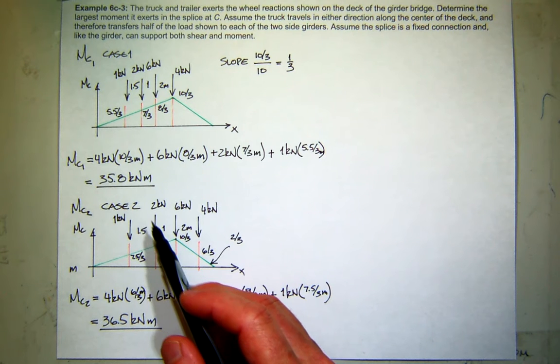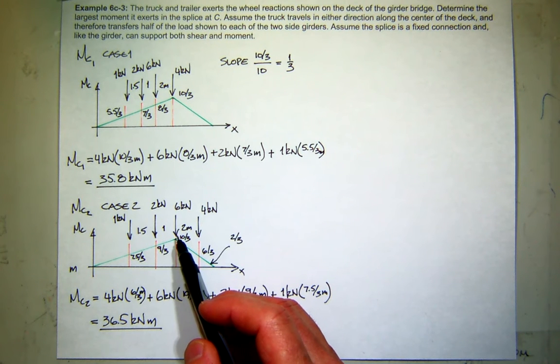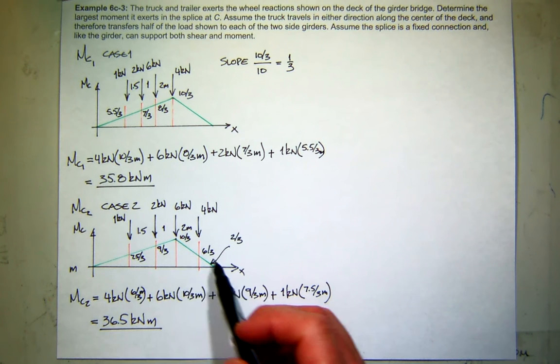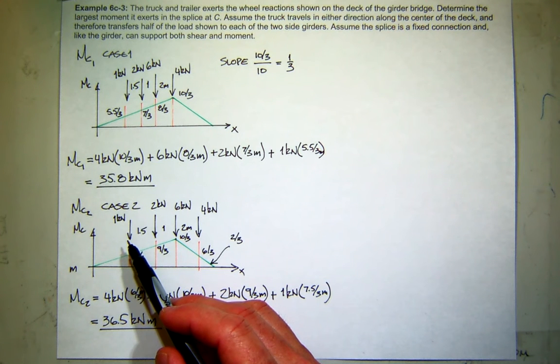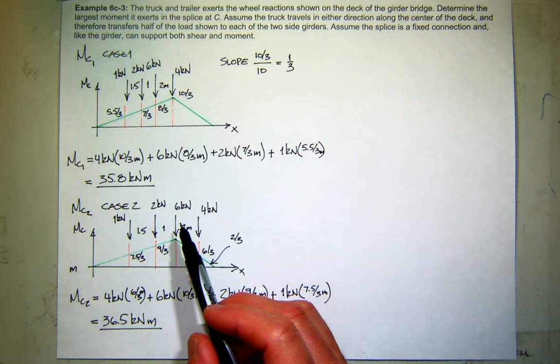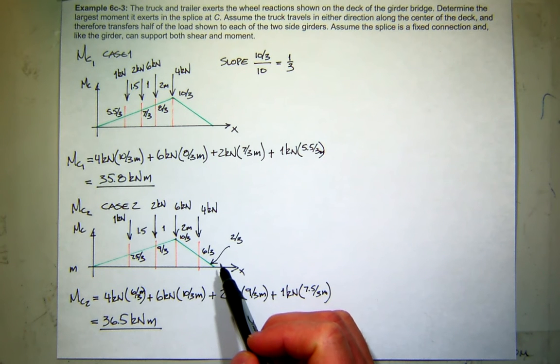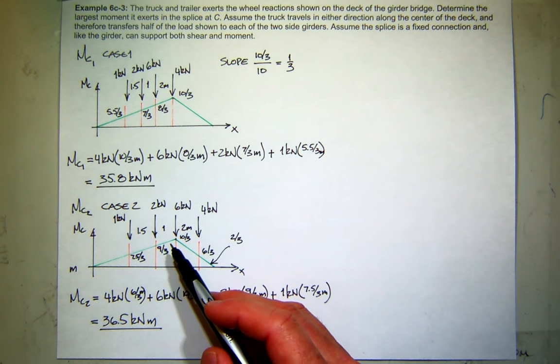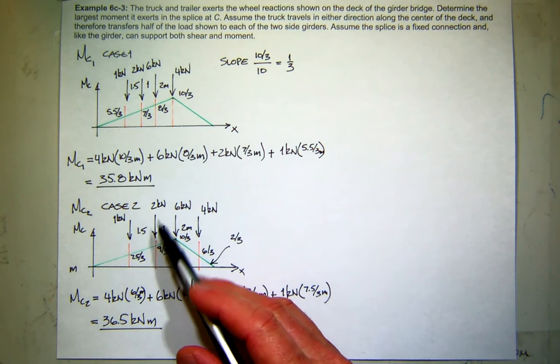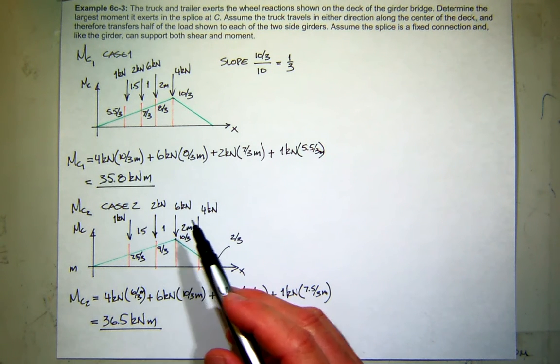So I would let the number 2 guy go to the top of the hill, and then these 2 guys would drop down, and then I have to do one more. Now, when you do the last case, I think all your big loads are way down here on the bottom and have very low ordinate values, so that probably will not be the maximum value. So right now, this looks like the best case. I'd have to check 2 more cases to be sure.